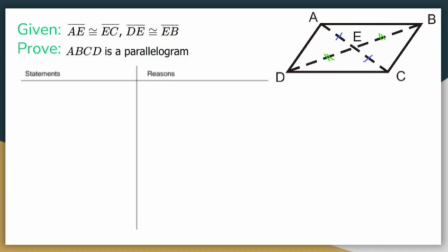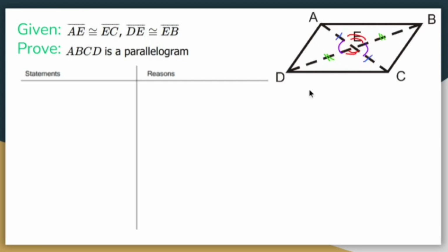The way this picture is set up, I have four triangles. I'm given the fact that these two sides are the same, these two sides are the same, these guys cross in the middle, so I can say that these guys are the same. What color didn't I use yet? Red. These guys are the same.